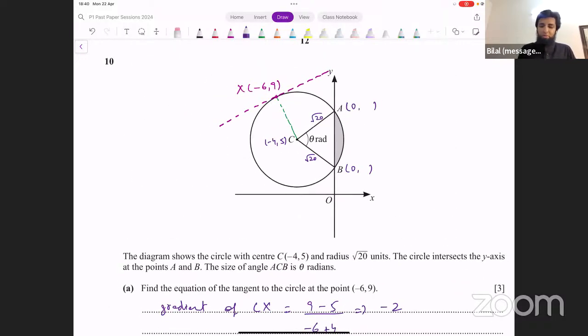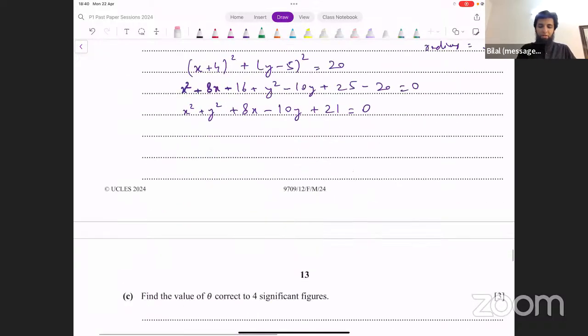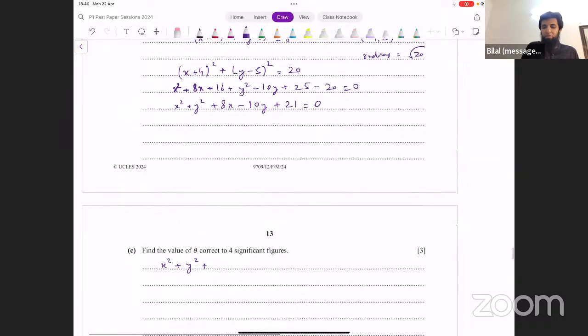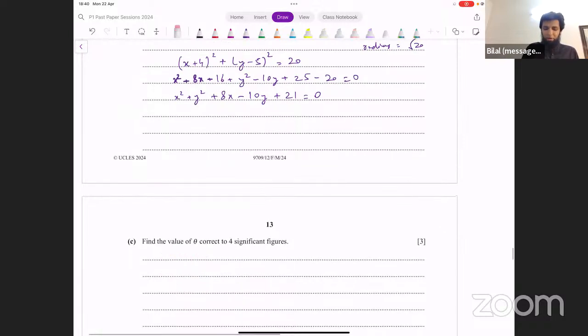How do you find points A and B? Points A and B are the y-intercepts of the circle. Can we find the y-intercepts of the circle? We've got the equation of the circle now. That's what it looks like. In fact, it will be easier to use that other form.